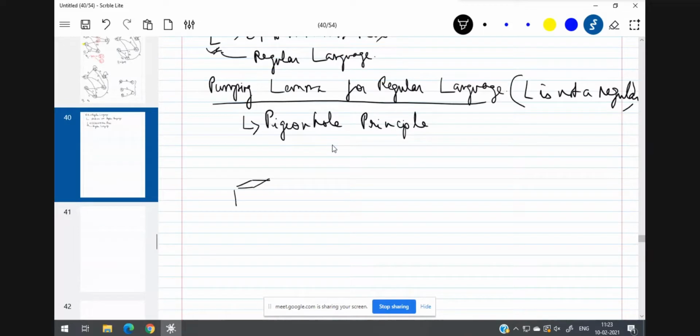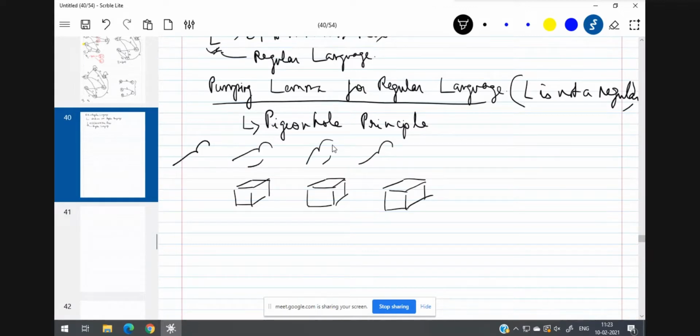Consider there are three pigeonholes, and then there are four pigeons.